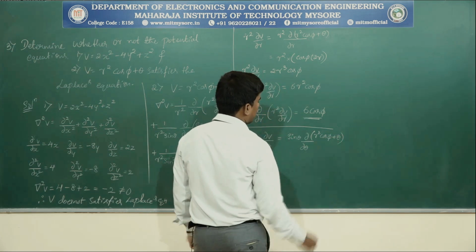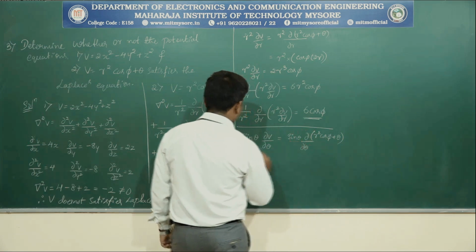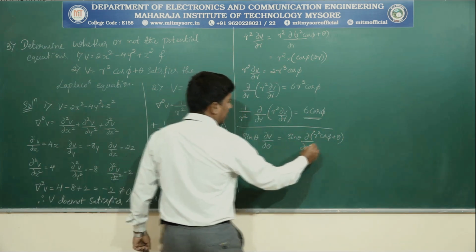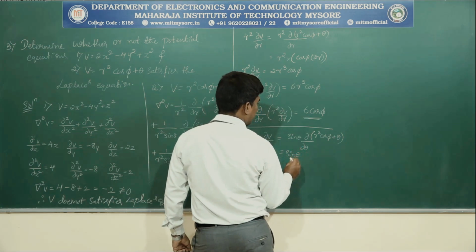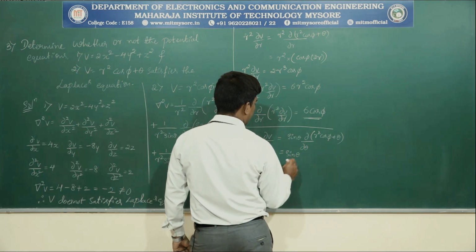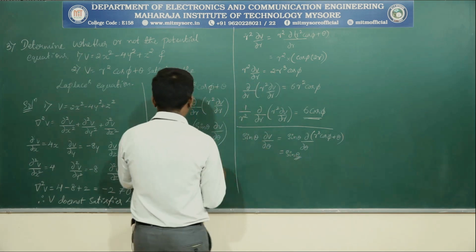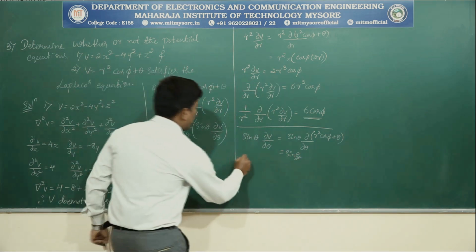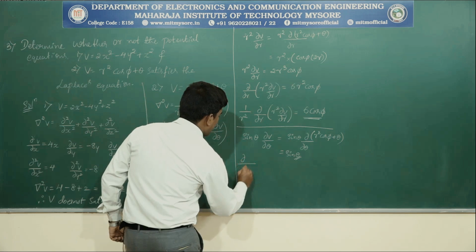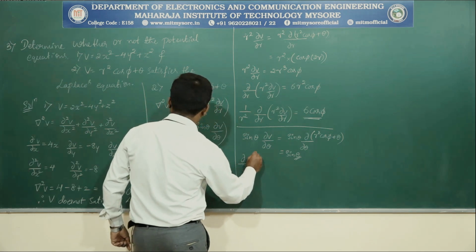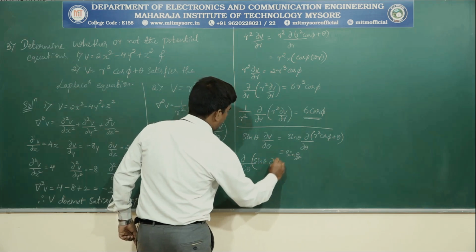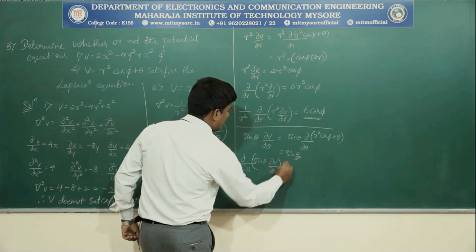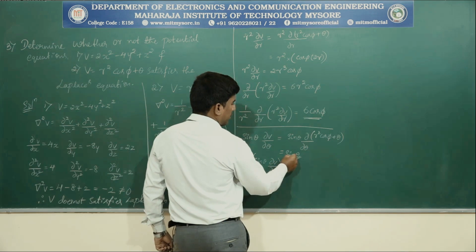So this is constant 0, then this becomes 1. Then this is exactly equal to sin θ, that's it. Then we need to go for ∂/∂θ of sin θ ∂V/∂θ.